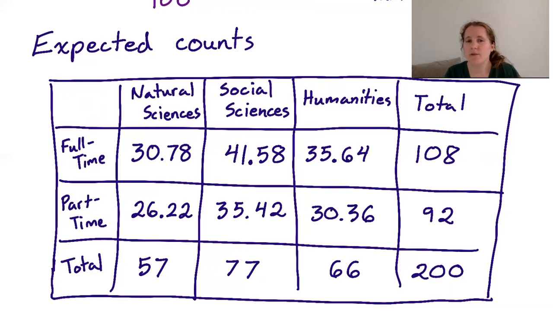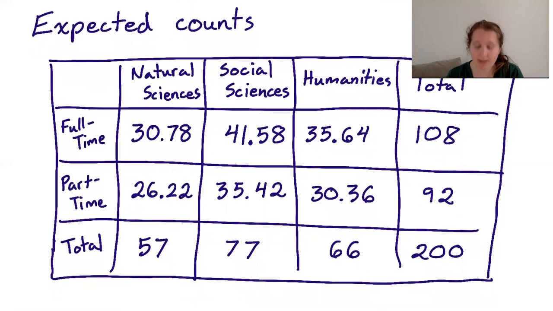So essentially, if we had a sample with 108 full-time students and 92 part-time students, and we had 57 natural sciences, 77 social sciences, and 66 humanities, if we evenly distributed those majors across our two student statuses, this is what we would expect to get. This is what we would expect on average if we took a bunch of samples with this breakdown.